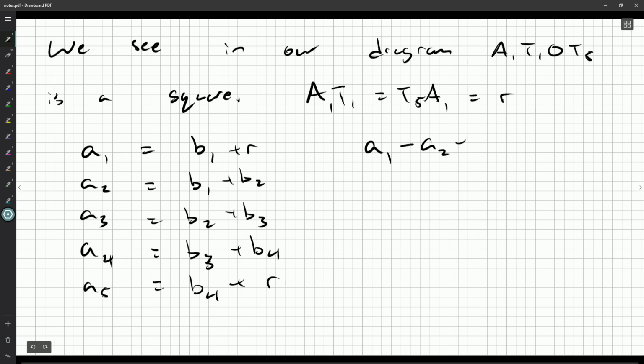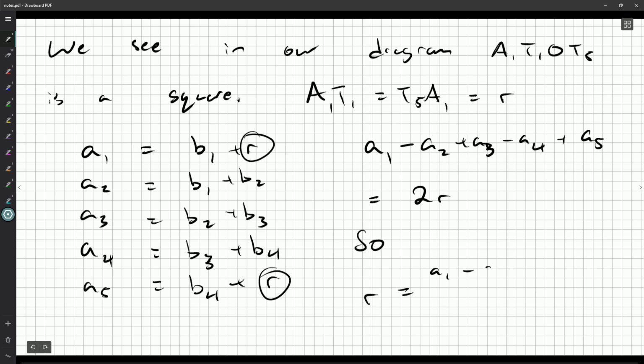We've got to add in A3 to cancel the B2, but that also adds in a B3, so we'll subtract A4 to get rid of that B3. But then you subtract off a B4, so we have to add in an A5. And so when all is said and done, you'll get this r left over, and you'll also get this r left over. Two r's have been added in. And so we have a nice little expression.